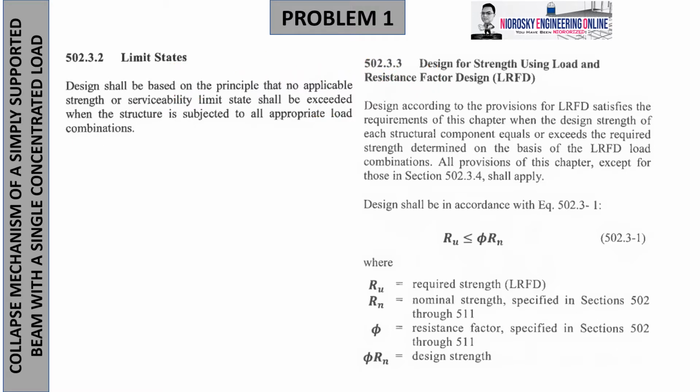502.3.3, which is the condition where you are going to identify the relation of the nominal and the ultimate. So dito tayo magre-decide load and resistance factor design. So meaning, R sub U represents required under ultimate, which is the factored state, and the R sub n is the unfactored, or let's say the nominal, and to connect them is the phi value.